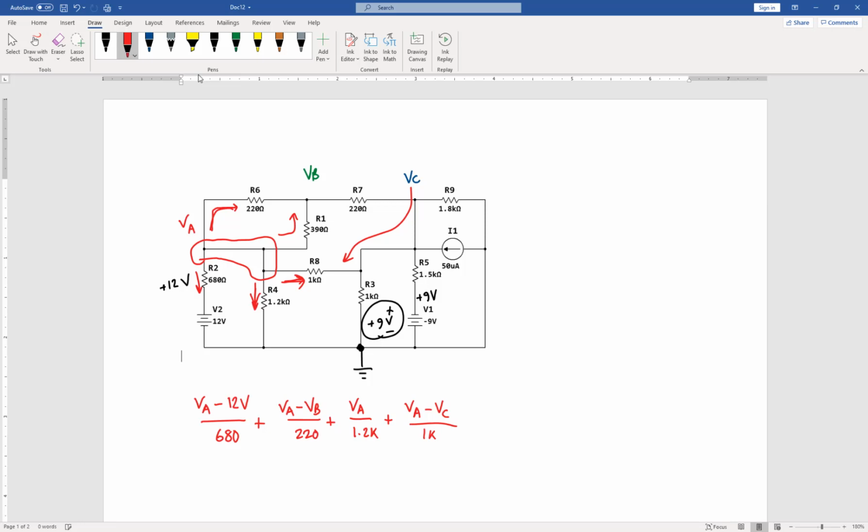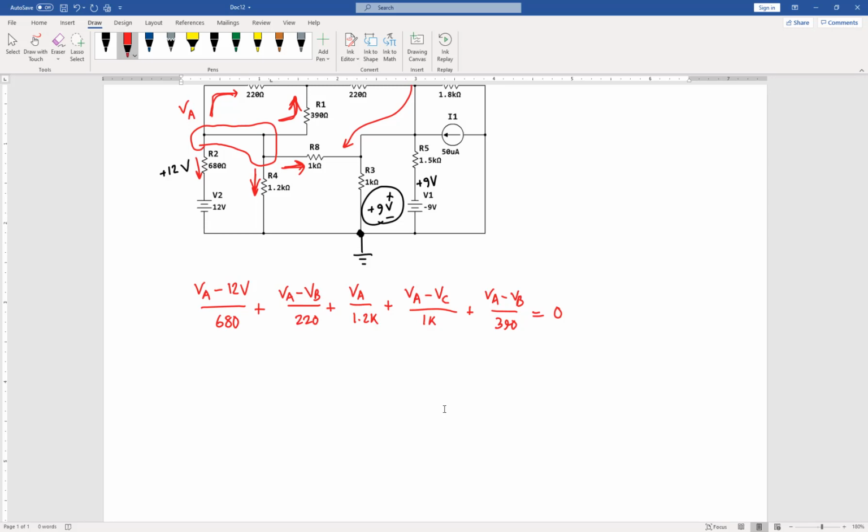Alright, and there's one more. This current going up right here, that one is VA minus VB over 390. And all of that has to equal 0.